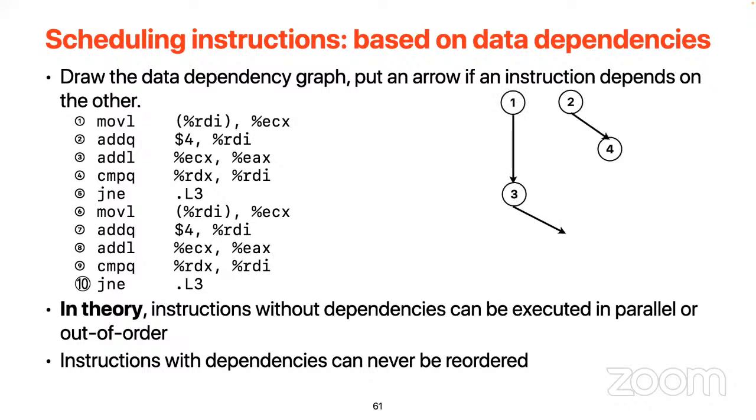So the idea of dynamic scheduling and out-of-order execution is that we want to execute instructions whenever the data dependency is resolved, whenever there is a functional unit available, whenever the instruction is decoded.